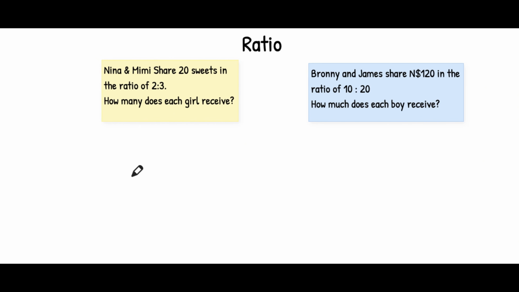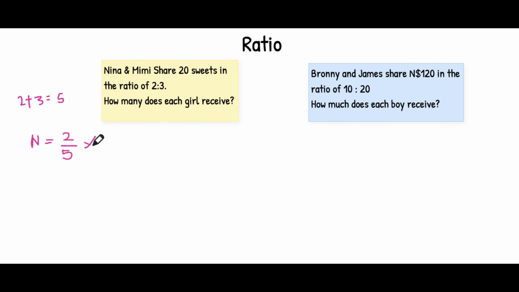So now we want to do this question. The first key thing that you do is that you have to add the ratios. So 2 plus 3 is 5. Okay, so that's our total ratios. I'm just going to put an N for Nina. Now how we represent this, we represent it as a fraction. So Nina has a ratio of 2 over the total ratios, which is 5.